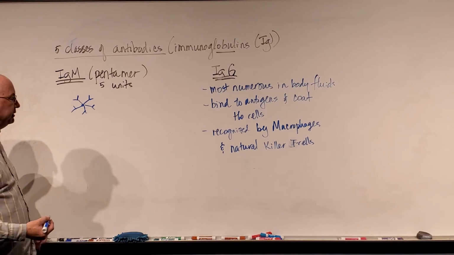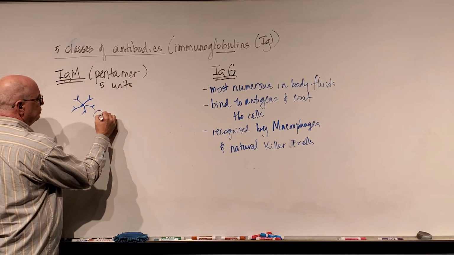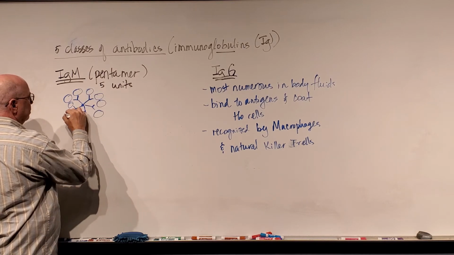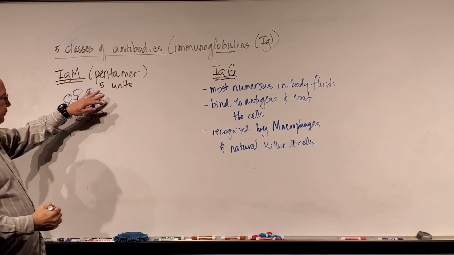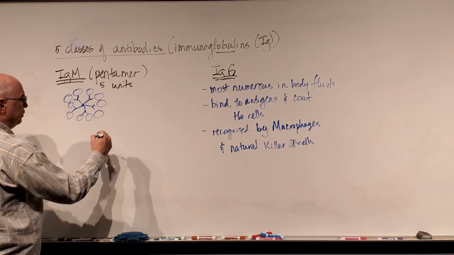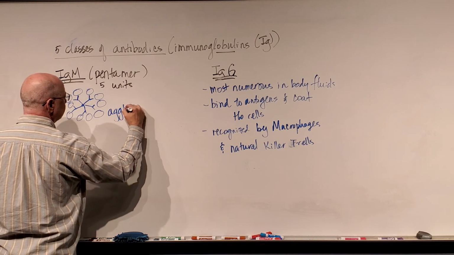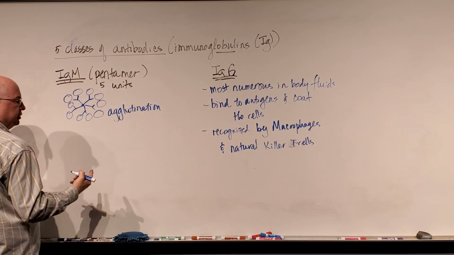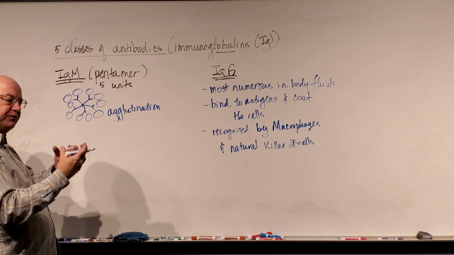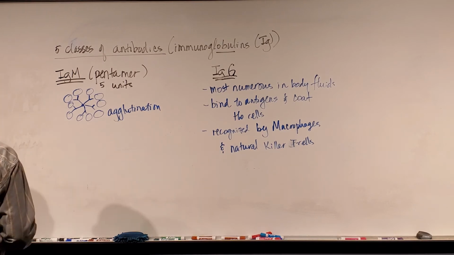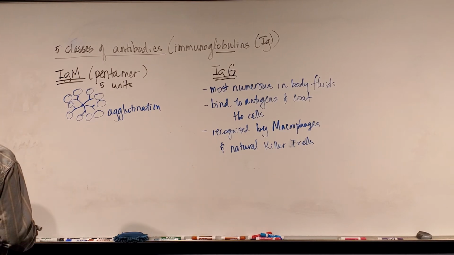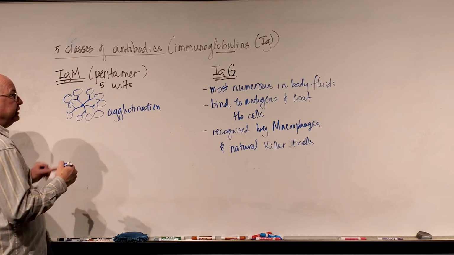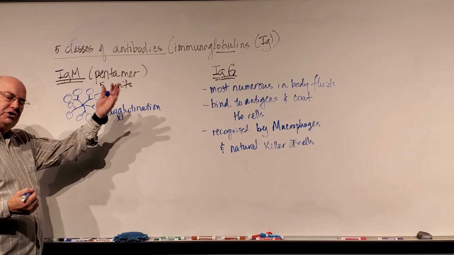And what that does is it allows them to clump together massive amounts of the foreign invader. And we call that agglutination, or sometimes it's called flocculation. It becomes flocculent. If they do exist as a monomer, they're on the surface of B cells.